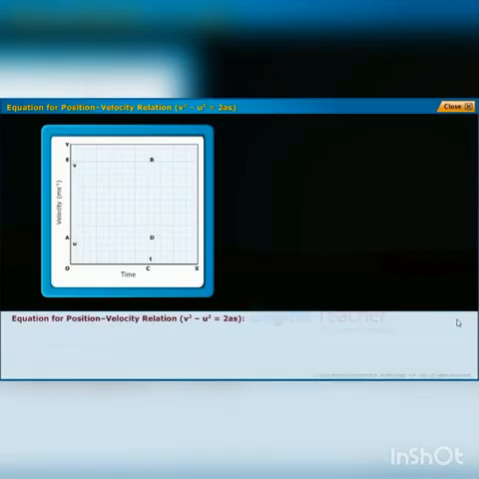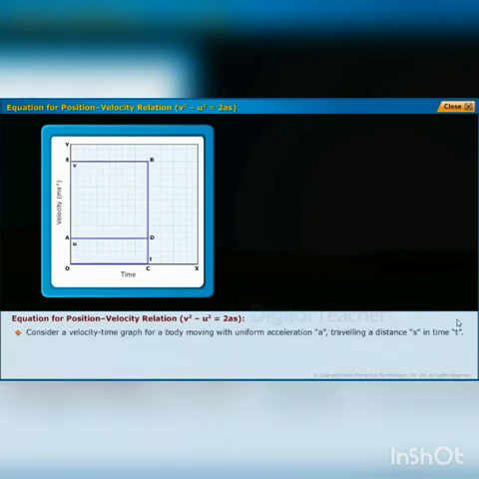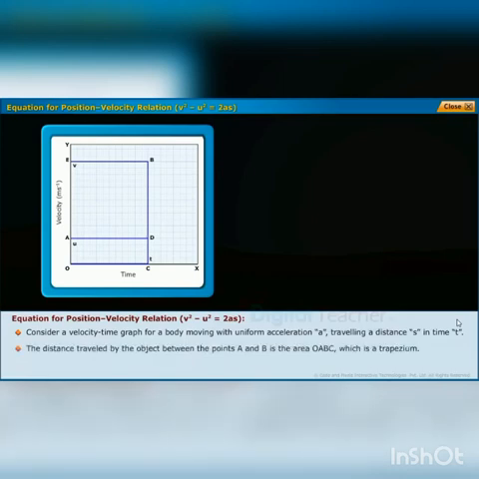Equation for position velocity relation, V square minus U square equals 2AS. Consider a velocity time graph for a body moving with uniform acceleration a travelling a distance s in time t. The distance travelled by the object between the points A and B is the area OABC, which is a trapezium.